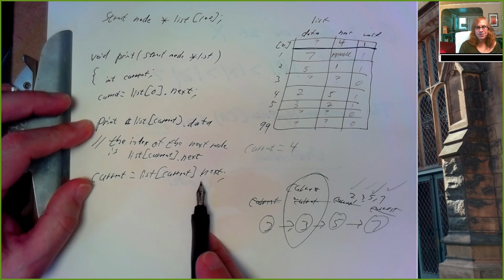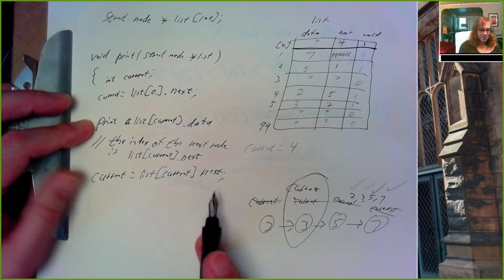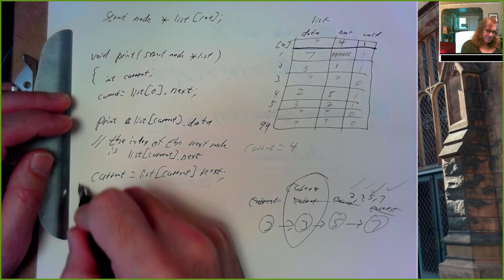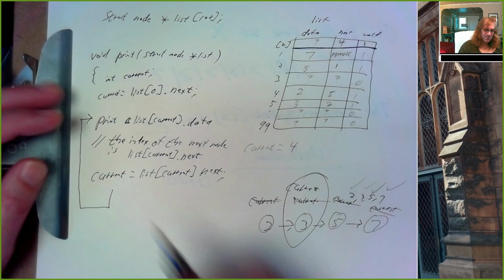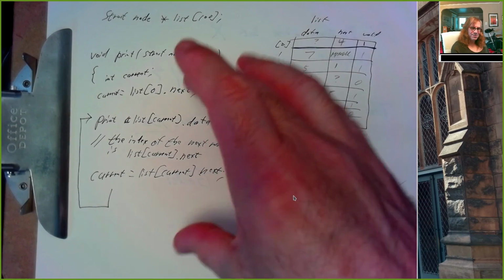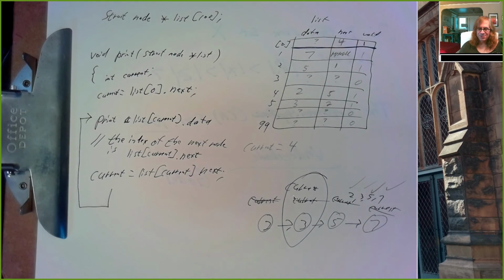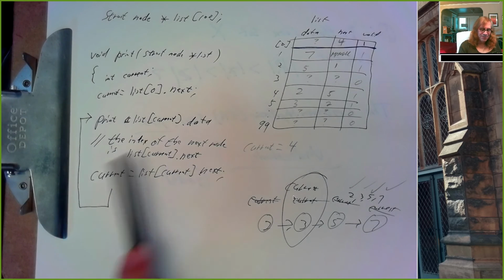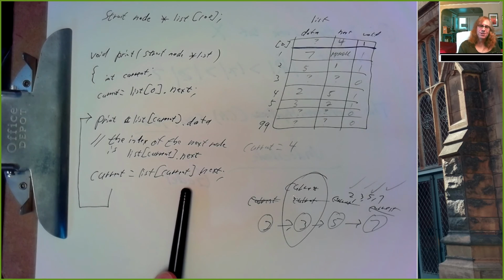We've got a loop here, right? So down here, just want to go back to my print. All right, this is heavy. Make peace with this somehow, or try to make peace with it. Think about what's happening here. This is printing a data value. This is moving to the next node in the list.